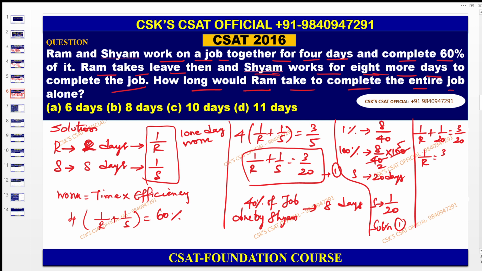So 1 by R is equal to 3 by 20 minus 1 by 20, which is equal to 2 by 20. So 1 by R is equal to 1 by 10. So Ram's 1 day work is 1 by 10, therefore he will take 10 days to complete the full job. So C is the correct answer.